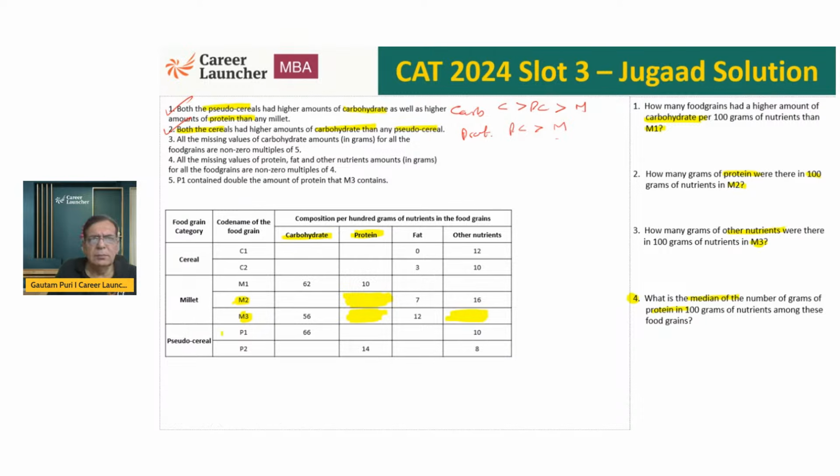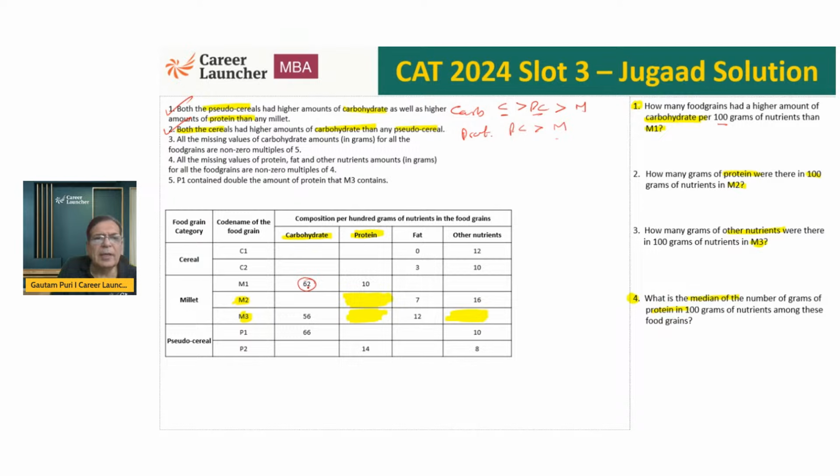Actually, tell me one thing. Look at question 1. Can we do something about question 1 now? What is question 1 saying? How many food grains had high amount of carbohydrates per 100 grams of nutrients? All cereals have higher carbohydrates than pseudo cereals, and pseudo cereals more than millets. What is the carbohydrate in millets? 62.